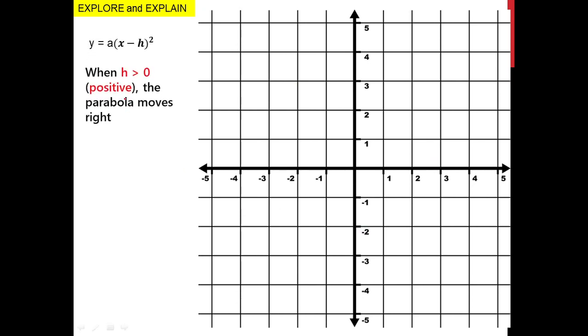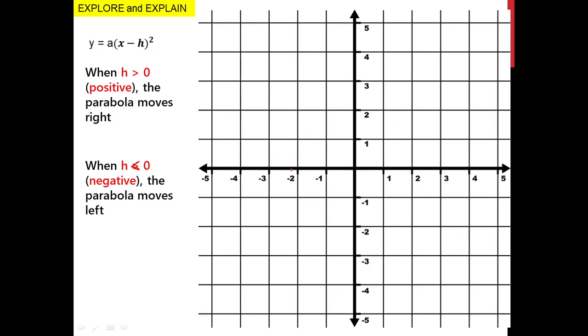So here, when h is greater than 0, or when h is positive, the movement of the parabola is going to the right. And when h is less than 0, or when h is negative, the movement of the parabola is going to the left.